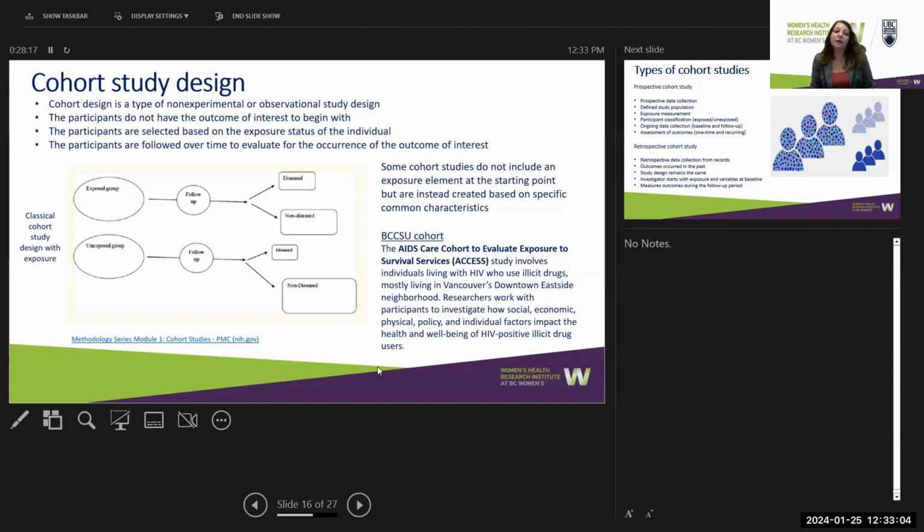For this cohort, you can review, for example, if there was a change in drug policy, or the introduction of a safe injection site. We can see how the introduction of new policies or a new environment can change behavior or health outcomes of those people. So this is not necessarily the classical cohort where you have an exposed and unexposed group. It's based on specific characteristics.